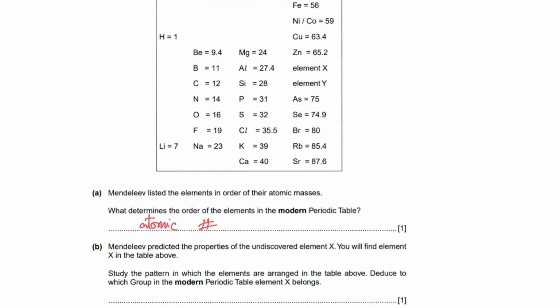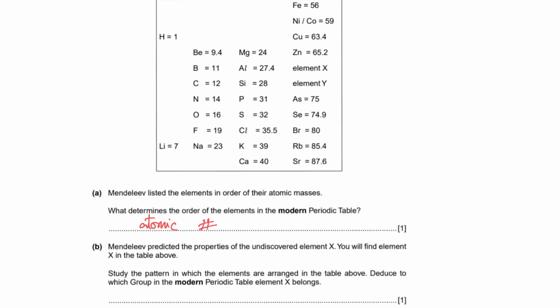We were looking for things that are similar to boron and aluminum, and the mass should be somewhere between 65 and 75. If you look over here, between 65 and 75, we have gallium, germanium, and arsenic.